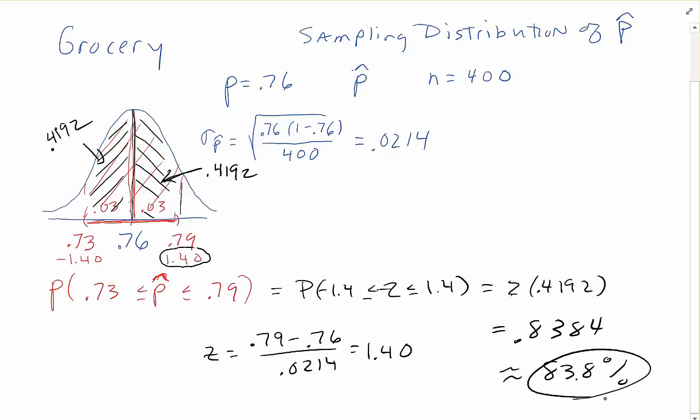If I take a sample of size 400 from this population, and I calculate a sample percentage on that sample, the sample percentage will be within 0.03 of the population 0.76.